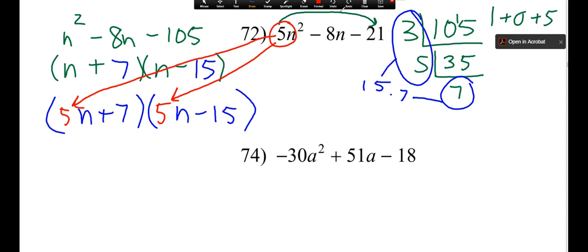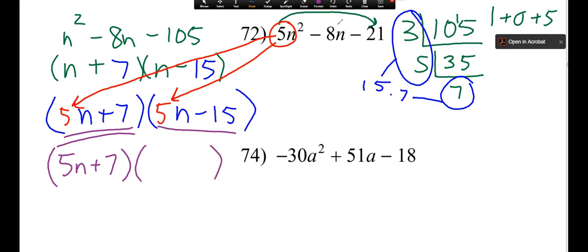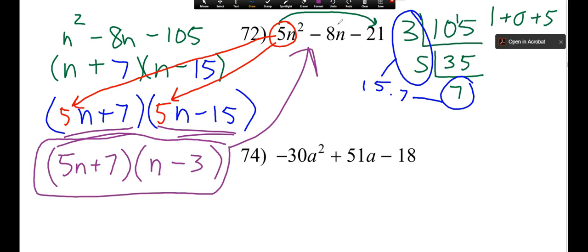Now, when you look inside the one on the left, do you see any kind of GCF? No. So leave it alone. Do you see any kind of GCF in the next one that we could pull out and get rid of? A 5. Take the 5 out, and if we take the 5 out, what are we left with? N minus 3. Okay, you just factored the original polynomial.